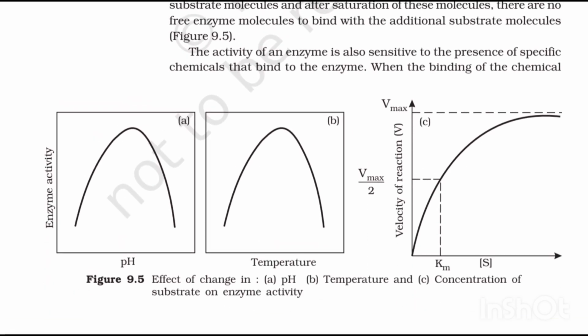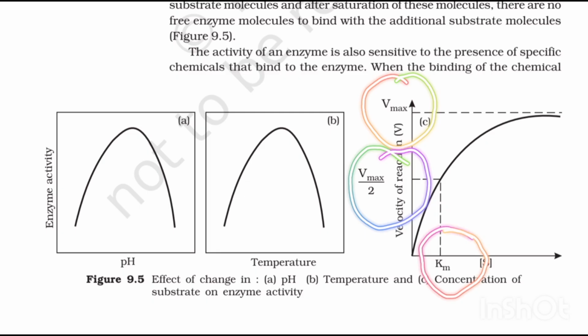This is figure 9.5, and here we can see the effect of change in A, which represents the pH, B the temperature, and C the concentration of substrate on enzyme activity. Here we can see Vmax and Vmax by 2 and the corresponding Km value, and this can be dealt with in detail in later sessions.